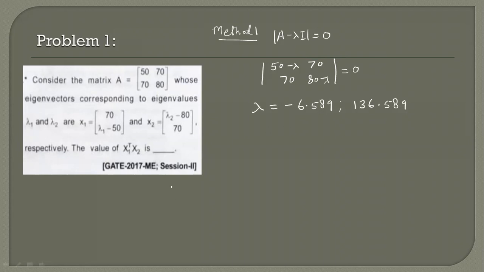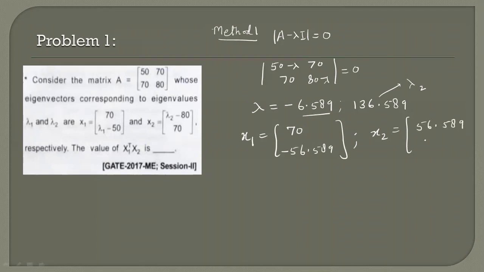It's a very lengthy calculation, I think. It needs a calculator. Then the x1 eigenvector will be given as 70, and lambda 1 minus 50, which is minus 56.589. The x2 eigenvector, if this is lambda 2, is lambda 2 minus 80, which means 56.589, you can calculate it, and 70.